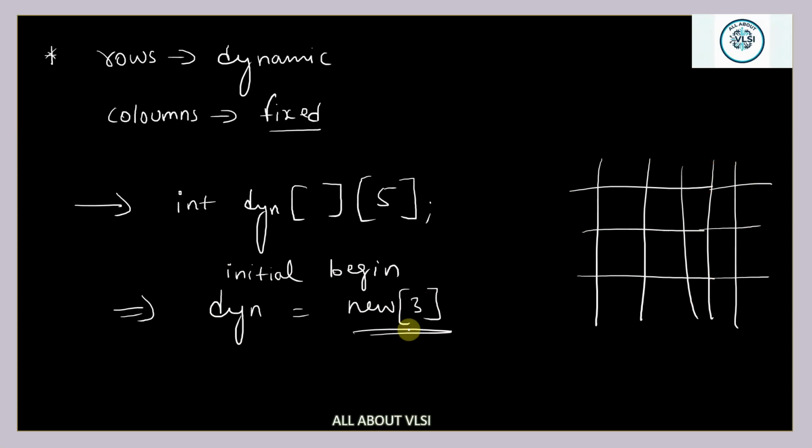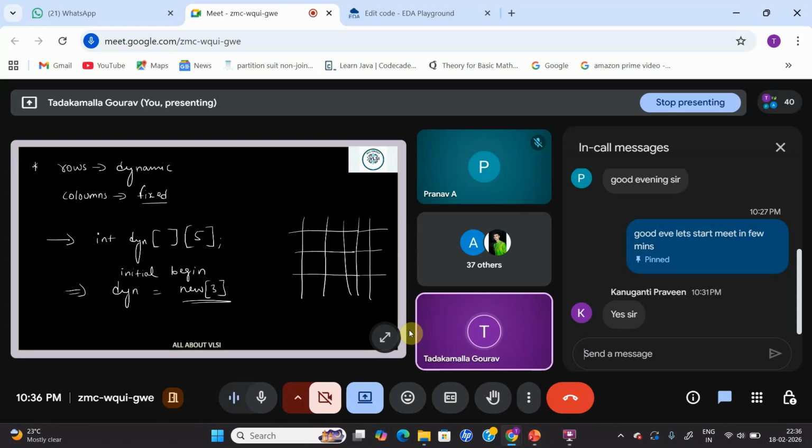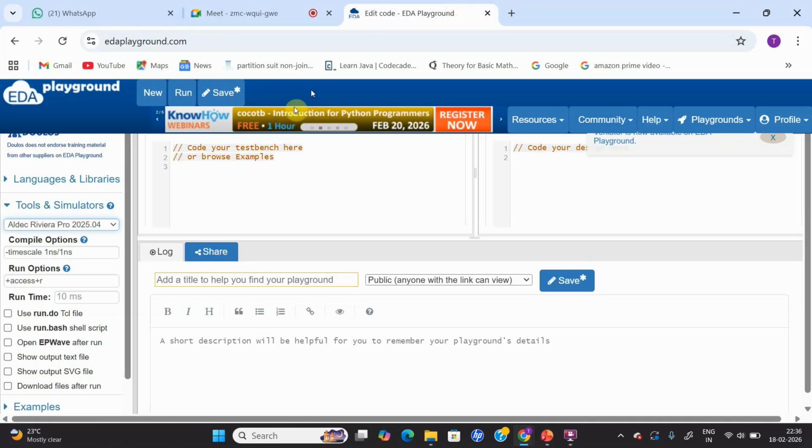That's it. And let me show you something in this playground. Let me create an array module example, and let me create a dynamic array with rows as dynamic and columns as 3. Now, within an initial beginning block, if I write dyn is equal to new of, let's say, 3, the number of rows will be 3 and the columns will also be equal to 3.